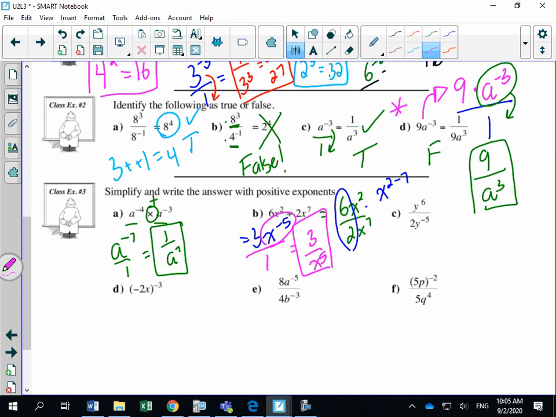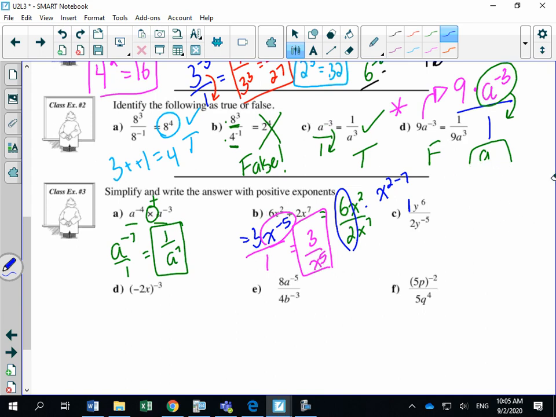All right, let's do D together. There's an invisible number in front of the y. The coefficient is a 1. So if you type in your calculator 1 divided by 2 and you try to reduce that, it doesn't reduce, right? If you go 1 divided by 2 equals math 1 fraction, that stays as 1/2. I can't reduce that.